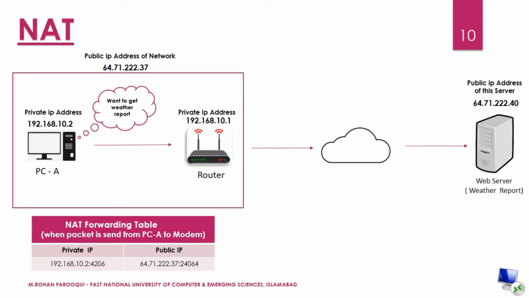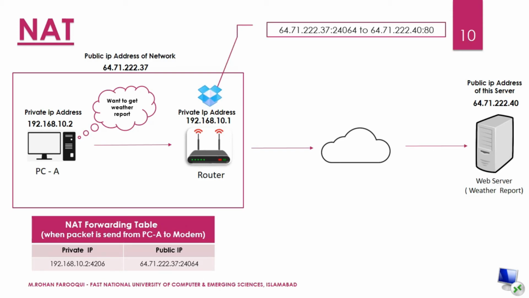It is used to keep track of requests from private IP addresses. Whenever a request is made from a private IP address, it is converted to a public IP address. So now the packet has this info, converted from private to public address, and it is sent over the network to the web server.